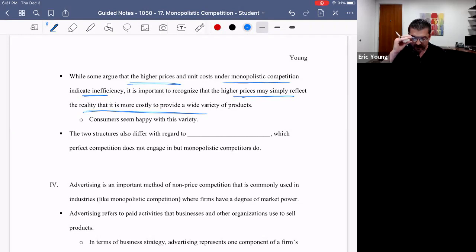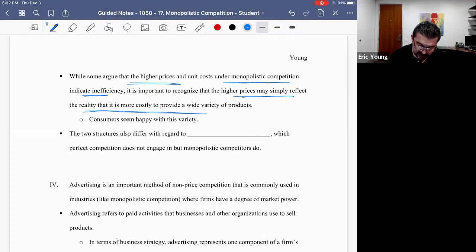And maybe the higher prices that the MC firms charge ultimately reflect the fact that it's a lot more expensive to produce different types of products. It's more costly to have product differentiation. So maybe the higher prices are a byproduct of product differentiation.